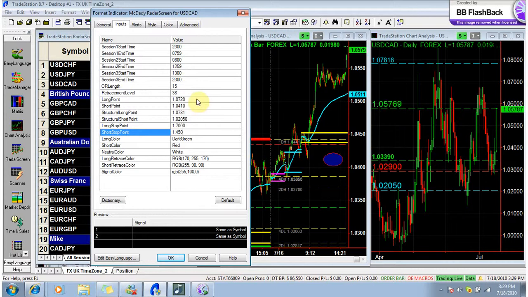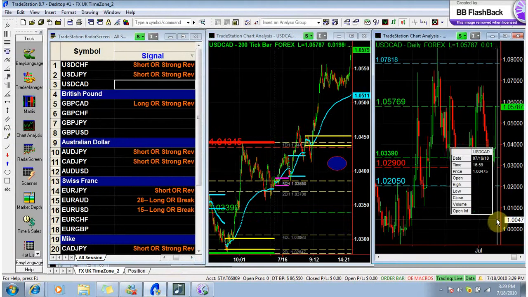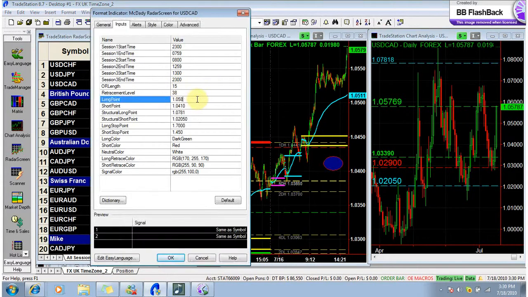Let's see if we'll take a 105.80. So if I'm going to buy it above 105.80, I'm going to place my stop below the market side, which is 105.10.